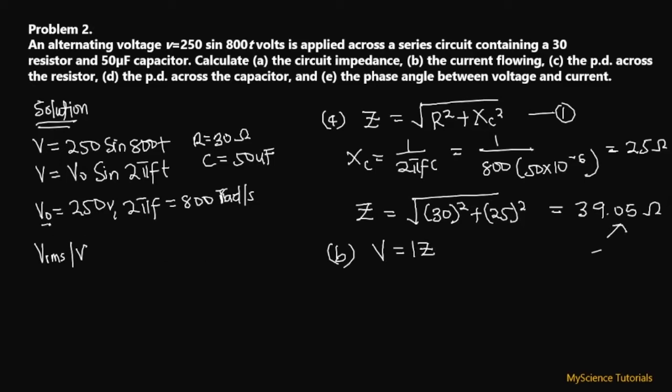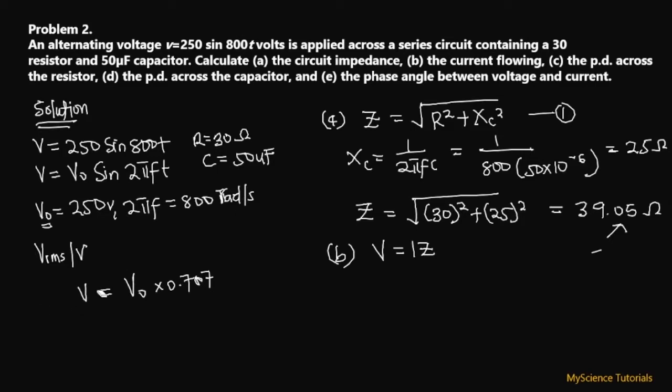We only have what we call V0, the peak voltage. To find the root mean square voltage, it is given to us as V0 multiplied by 0.707. Sorry, let me clean that and write it well.